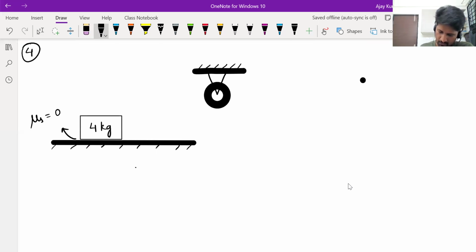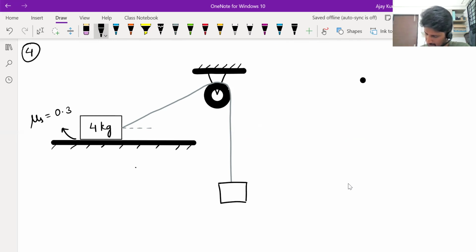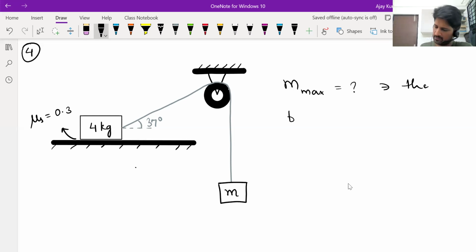Coefficient of static friction, let's say 0.3. There's another block on the other side. Assume the angle made by the rope at this moment is 37 degrees. And this mass is m. Calculate the maximum value of m such that the 4 kg block does not slide.